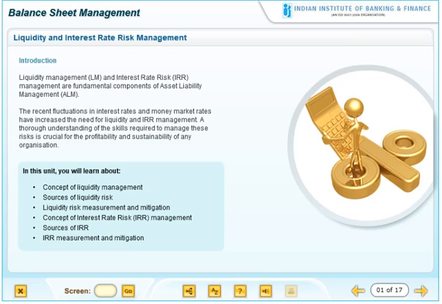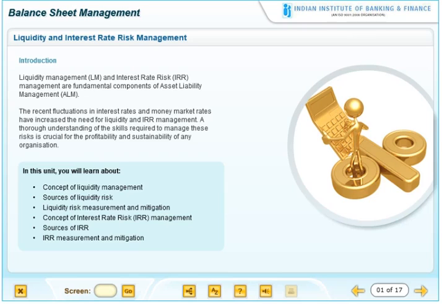Liquidity management (LM) and interest rate risk (IRR) management are fundamental components of asset liability management (ALM). The recent fluctuations in interest rates and money market rates have increased the need for liquidity and IRR management. A thorough understanding of the skills required to manage these risks is crucial for the profitability and sustainability of any organization.